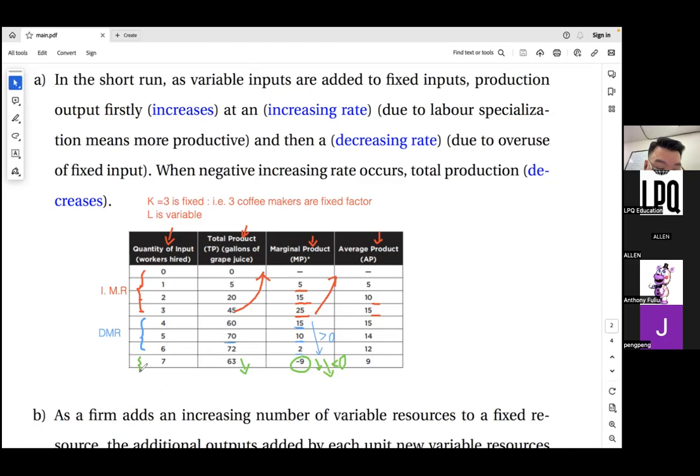So this last part is called NMR, negative marginal return. Because the marginal production began to decrease, it is decreasing marginal return, so the total production increases with a decreasing rate, just increasing slower and slower.